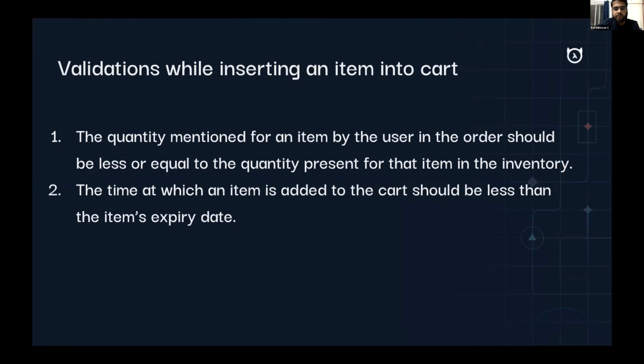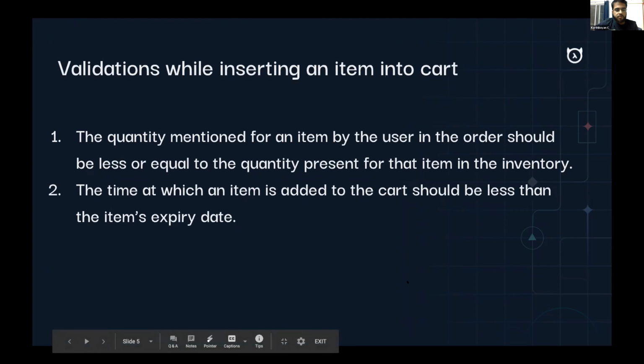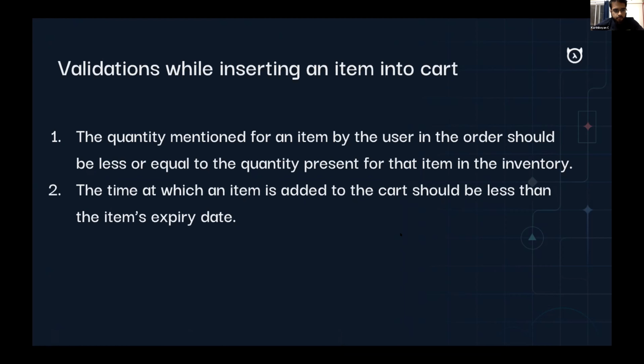The second is that every item has an expiry date, and the time at which the item is added to the cart should be less than the expiry date. So these are the two validations we want to do. I'll be demoing the first one, and I'll explain the second one a bit later.